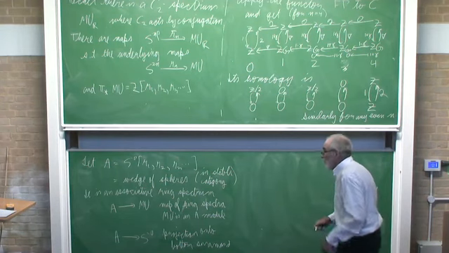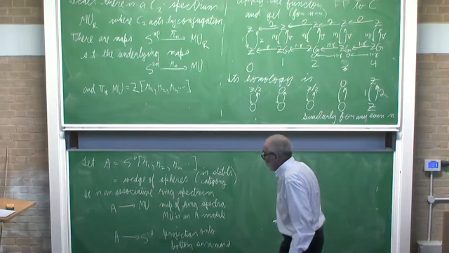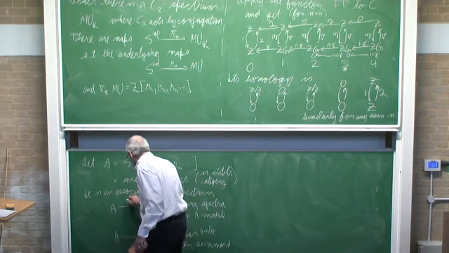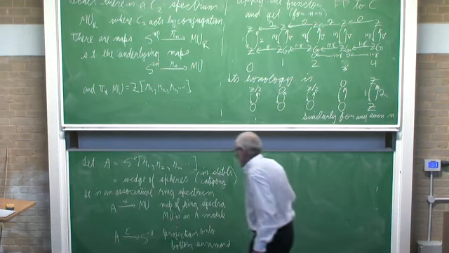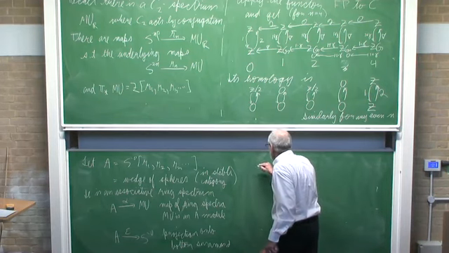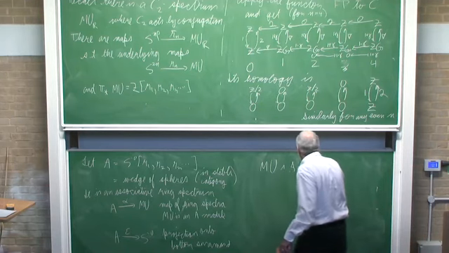So I want to give these maps names. For lack of imagination, I'm going to call these alpha and epsilon. Okay, now let's consider this.